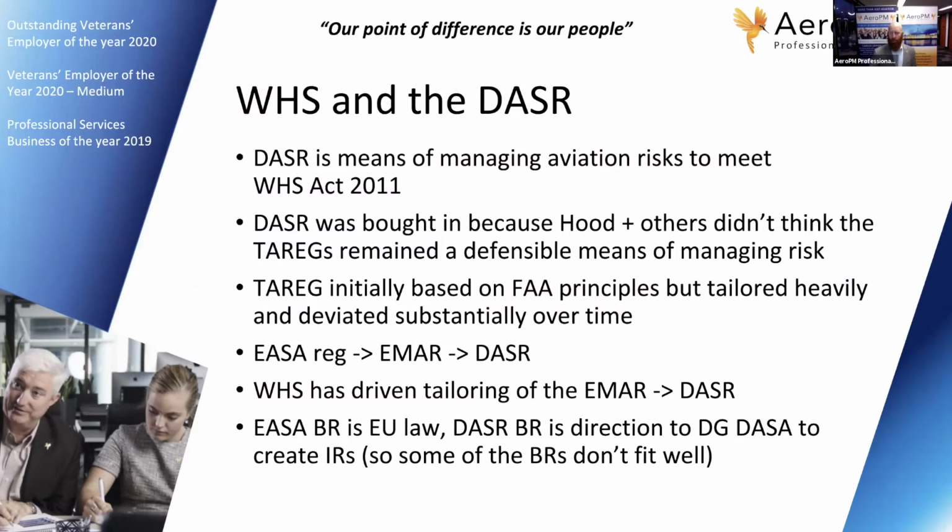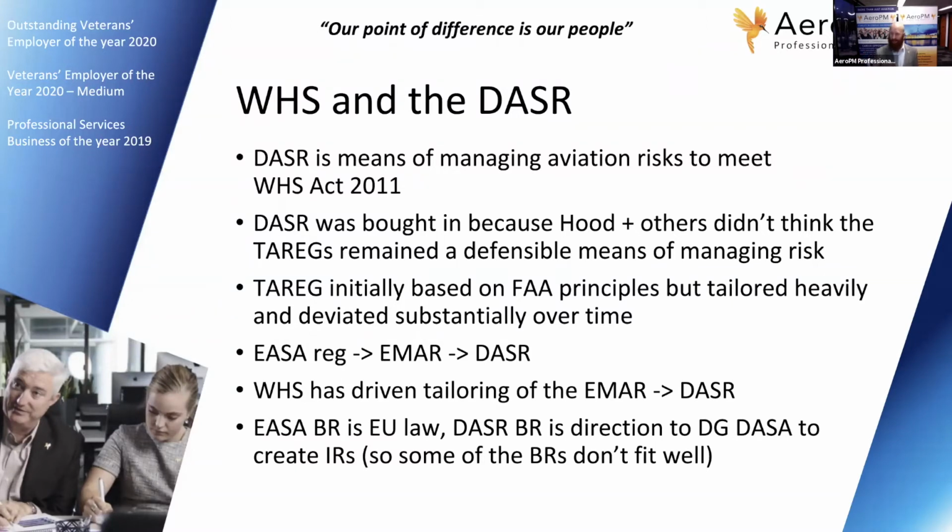Importantly, if you have a look at the DASR, it's set out so that it has the basic regulation, which is the BR there, and implementing regulations. The implementing regulations are how you implement the basic regulations.